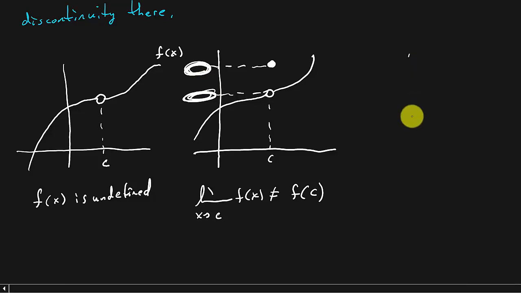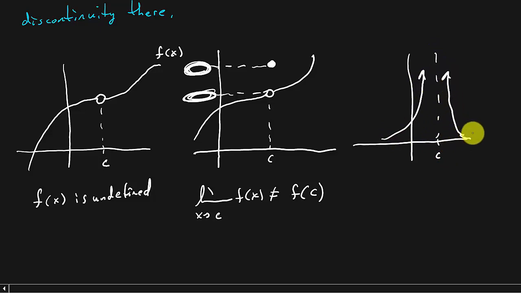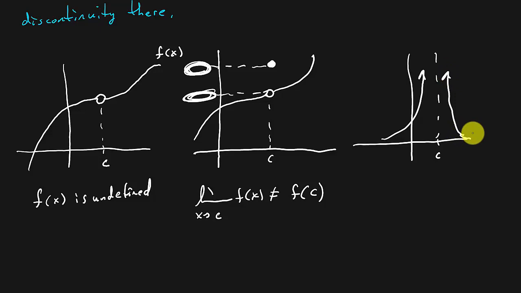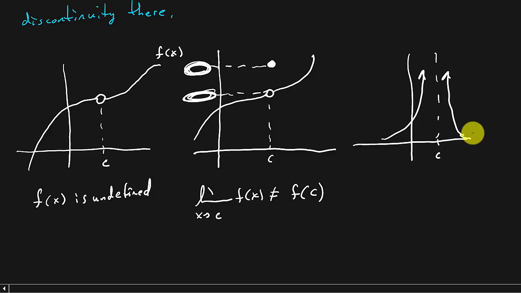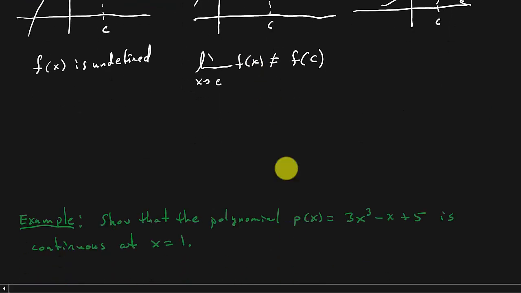And then we have these infinite discontinuities here. If you have some value c here, and you have a function that does this, you can see they're both approaching infinity, but that means what? That means that limit doesn't exist. It's going to infinity. Okay, so those are some examples of discontinuities. There's more, but I'm not going to draw them all. You get the idea of what we're doing here.